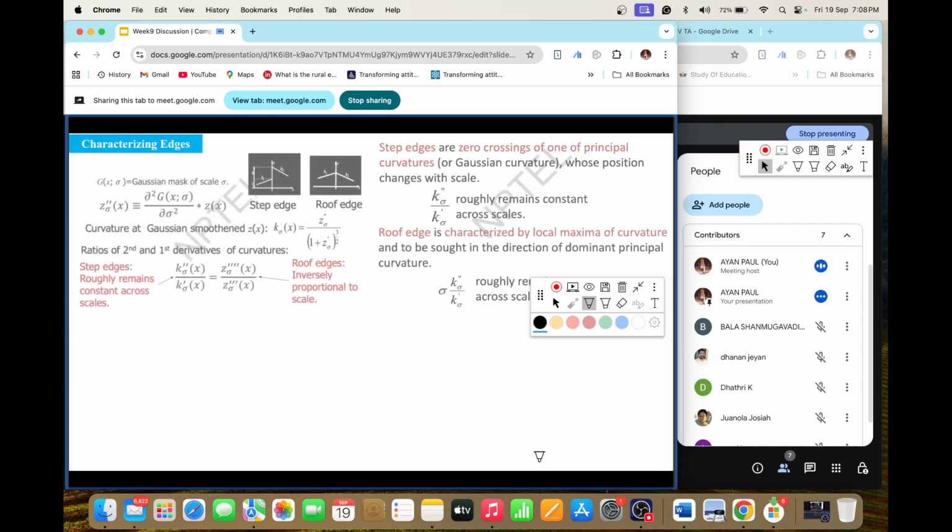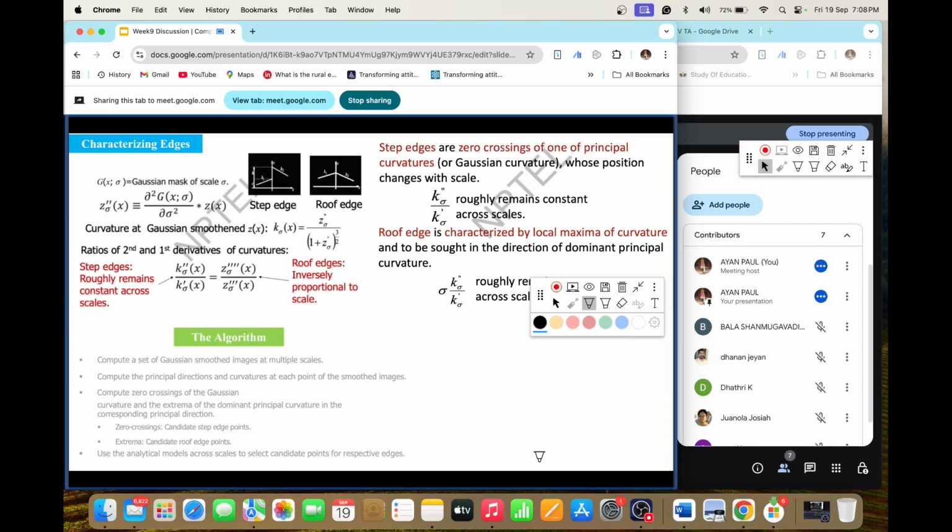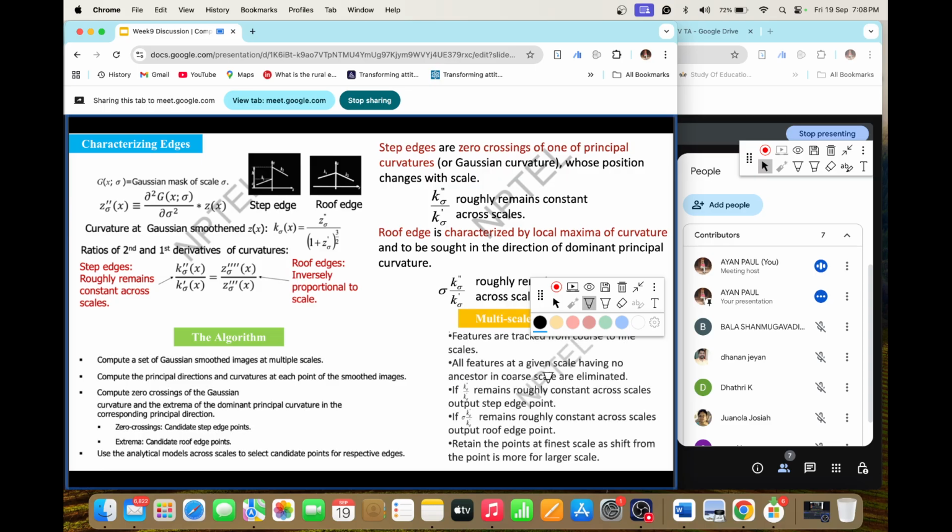And the characteristics, again, these are not very important, but let's just discuss. Step edges are zero crossings of one principal curvature, or the Gaussian curvature, whose position changes with scale. The ratio k sigma double dash by k sigma dash will remain roughly constant across the scale.